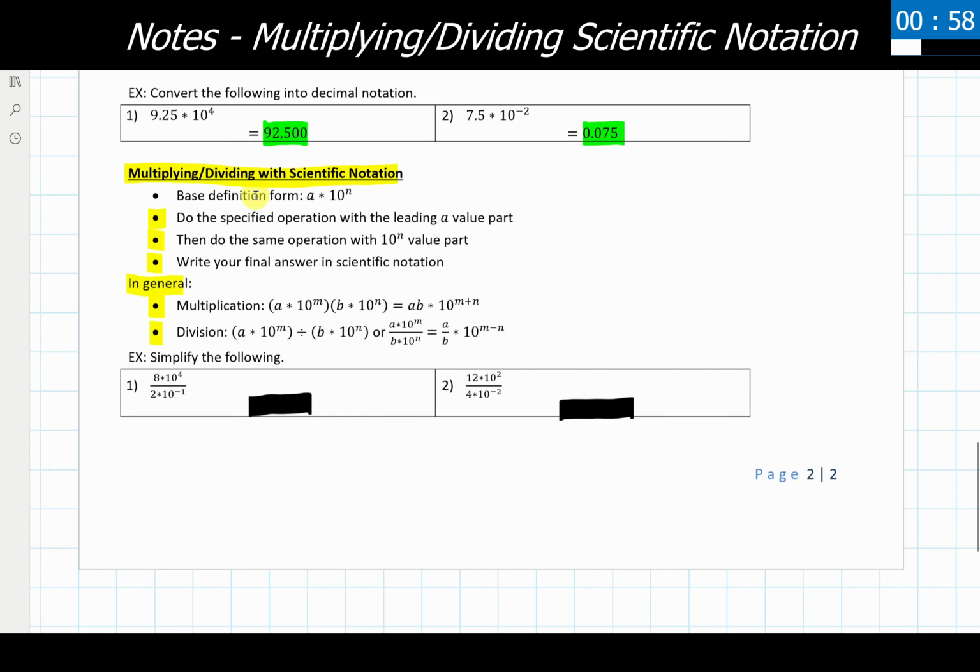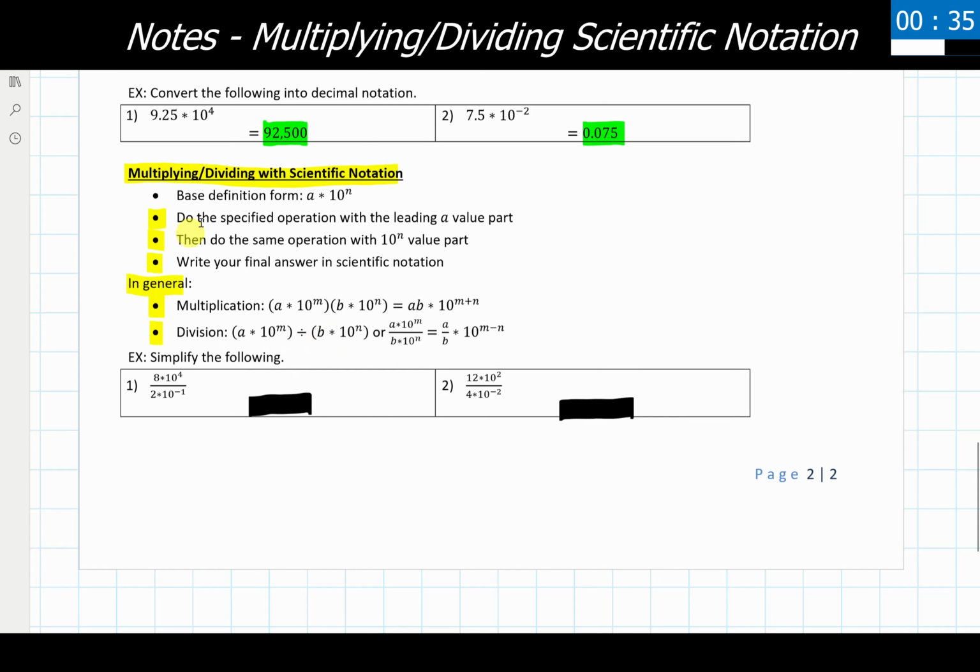So what we want to do first is do the specified operation with the leading a value part. Meaning, if I have 2 things multiplying together and they're in scientific notation, multiply the leading numbers together first. If we have division, divide those leading terms together first.